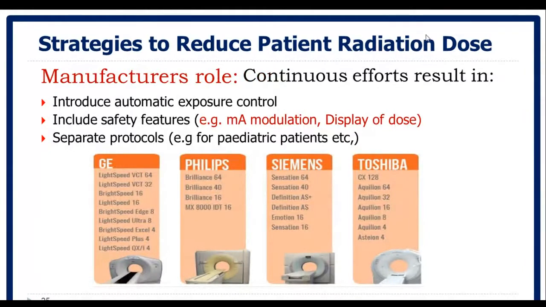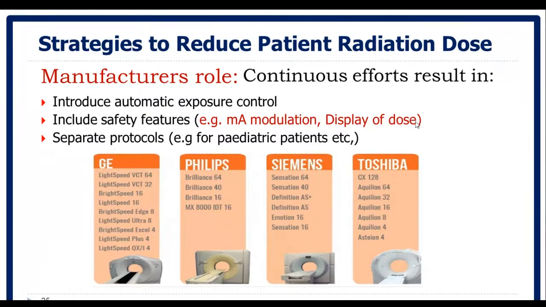The manufacturers also have continuous effort, and these efforts are displayed now in the current generations. They introduce automatic exposure controls. They include safety features such as ampere modulation, display of those, and separate protocols, for example, for pediatric patients and adult patients, and so on.